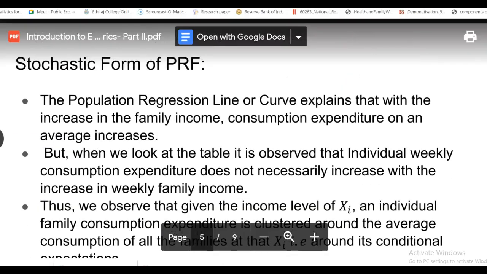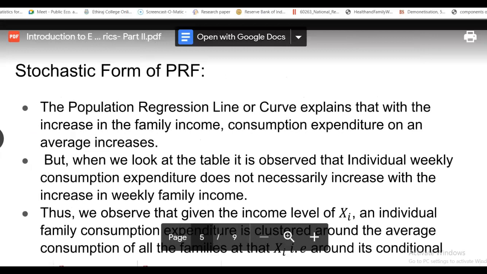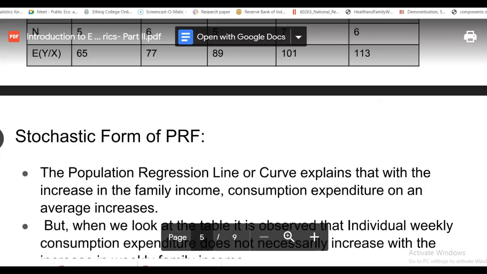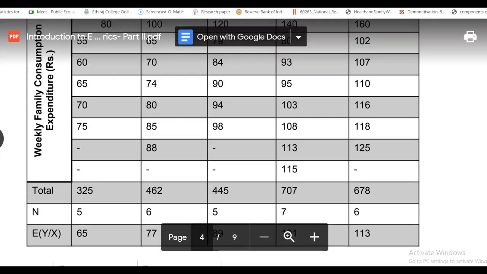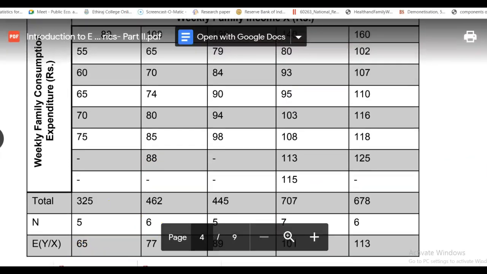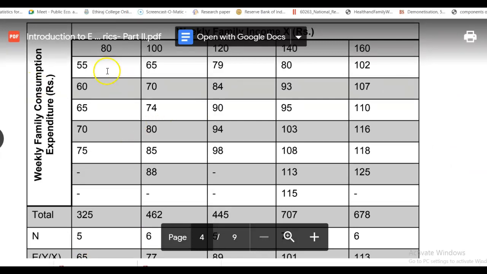Then coming to the stochastic form of the PRF. This is a very important concept. We have to understand that the population regression line which we have shown earlier did not bring in the stochastic form. The stochastic form observes the difference, but that is the average. You can see here the average value is 65 for families with an income of 80, but not all are spending 65 rupees.